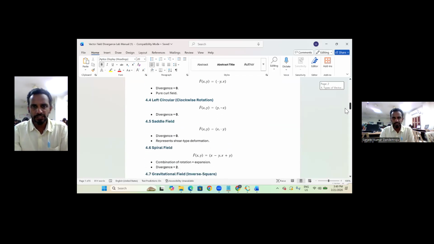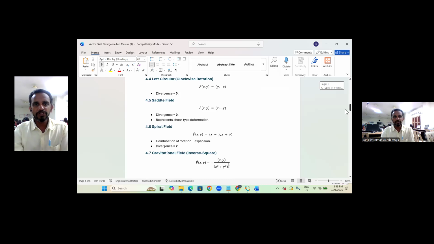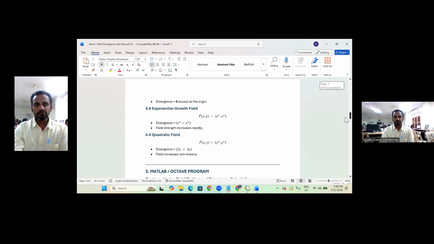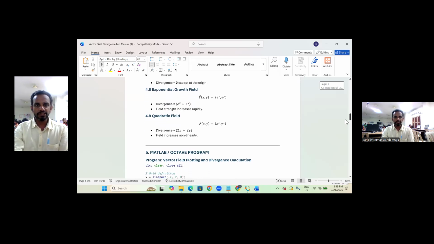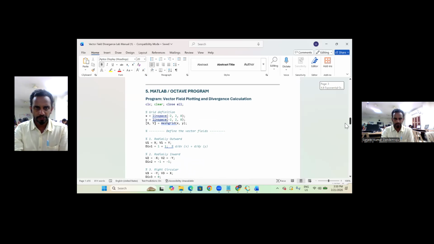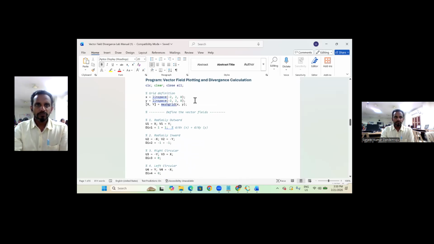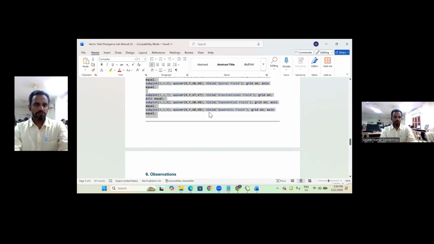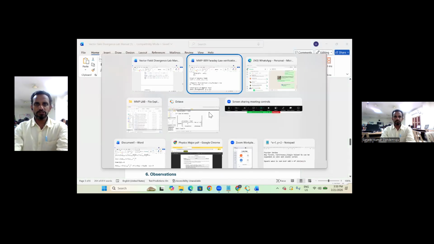So different fields can be defined, like spiral field, gravitational field, exponential, quadratic. Different fields can be defined and plotted. I'll give you the code directly. You can understand it easily.